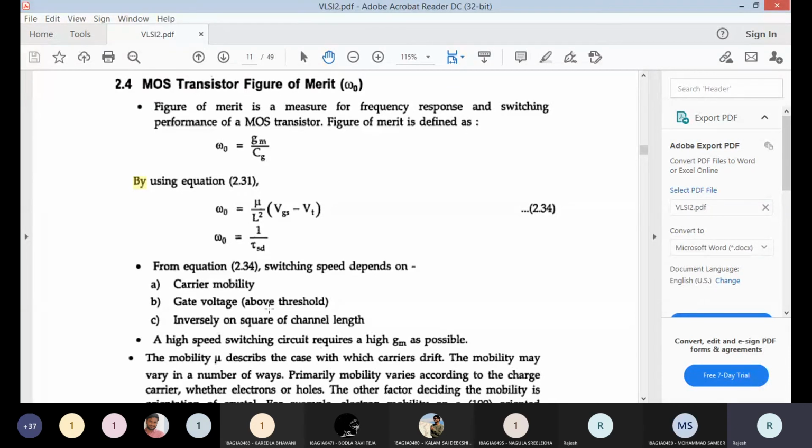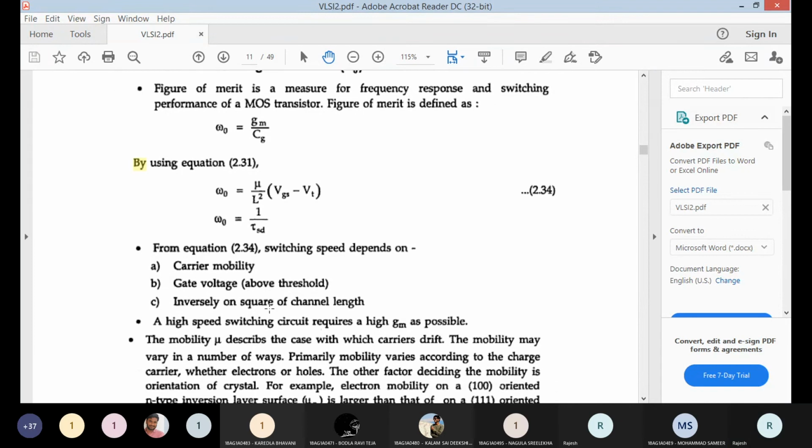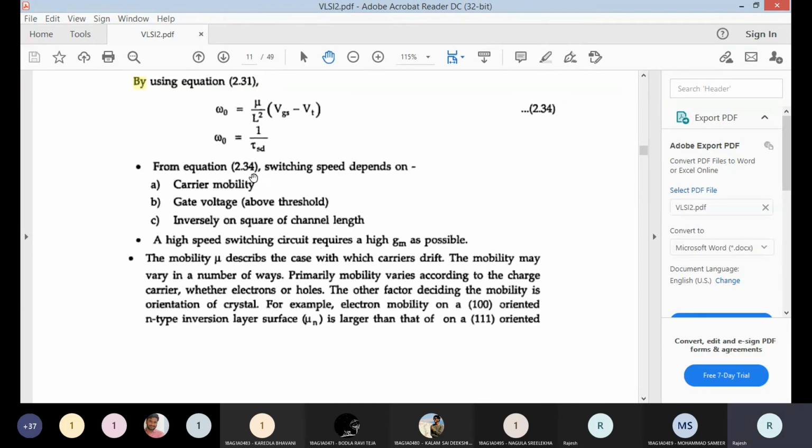For a MOSFET, figure of merit is inversely proportional to tau SD. So switching speed depends on mobility. If you select P-type devices, their mobility is less. So if you go for NMOS devices, you can get transistor switching speed more because its mobility is more.